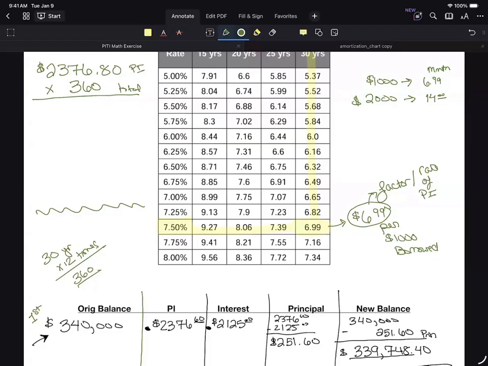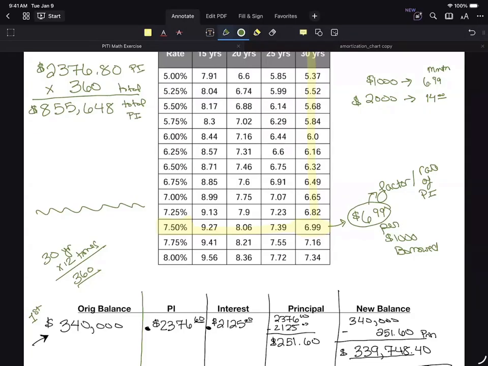If you added up all 360 of those checks, we can multiply. $2,376.60 times 360 is, wow, $855,648 of total P&I.